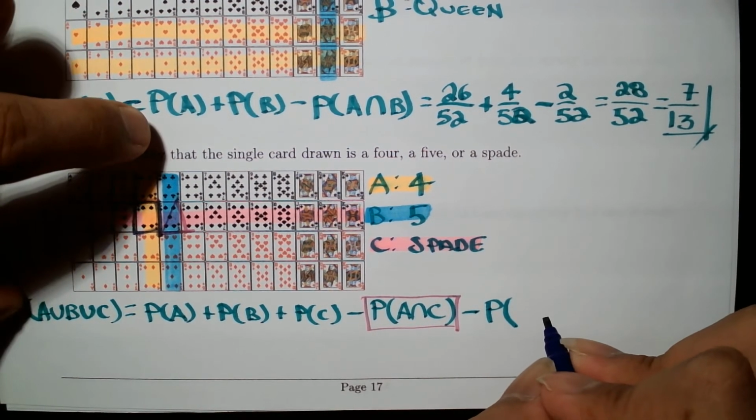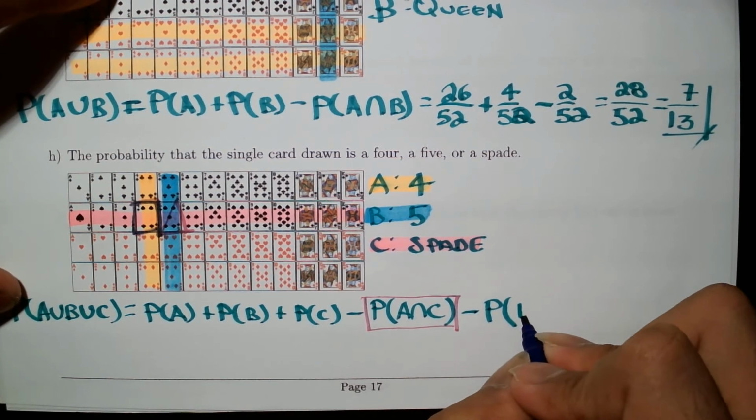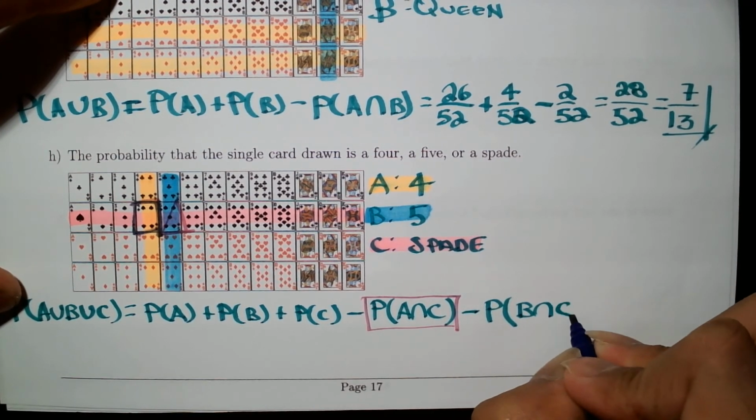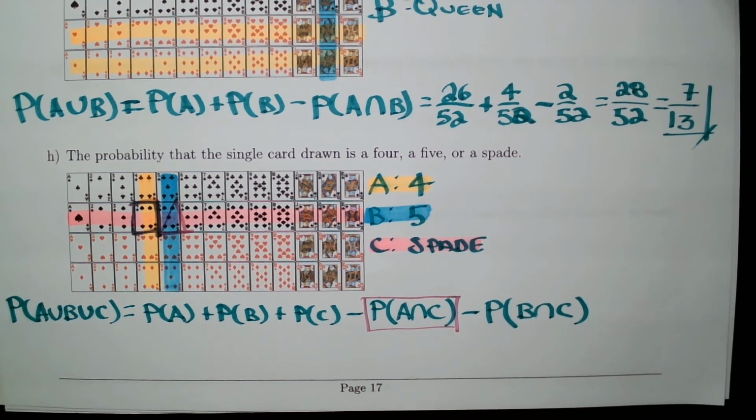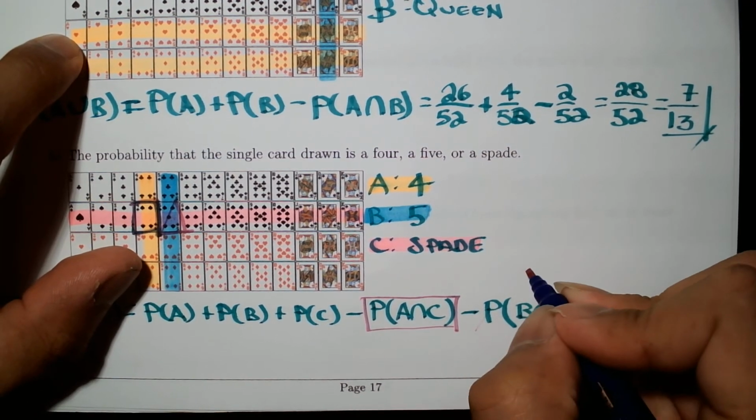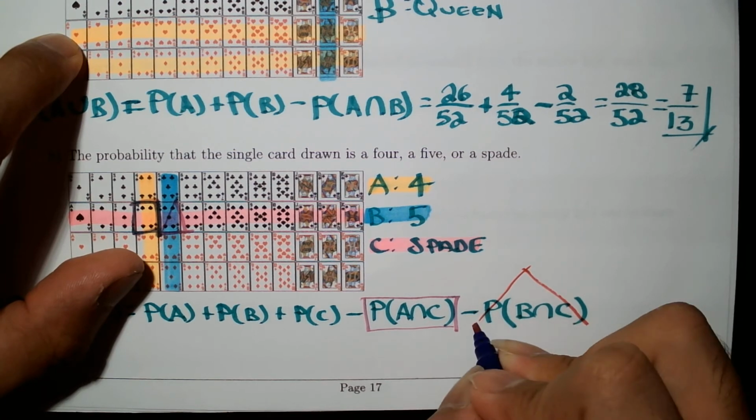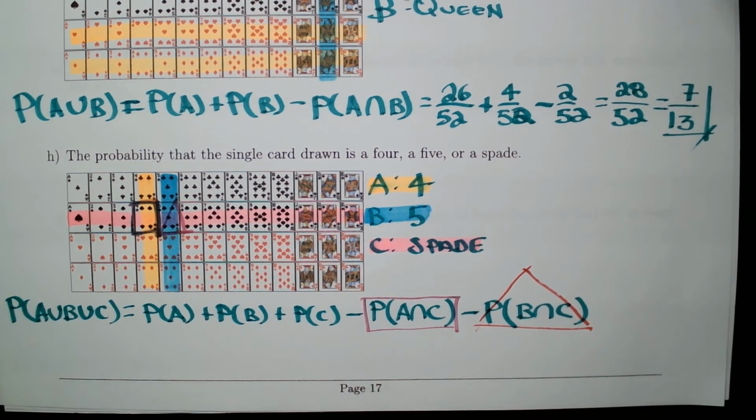P between, in this case, B, event B, and C. Okay. And where was the other color? I think it was here. This is the one.